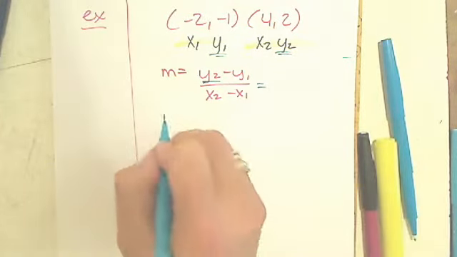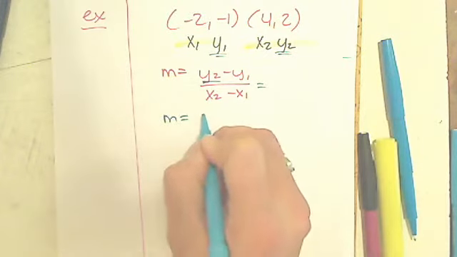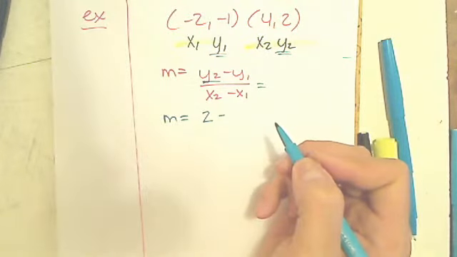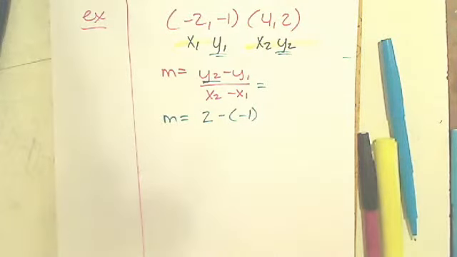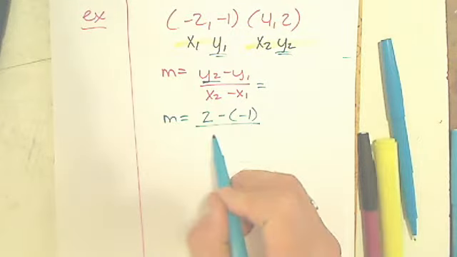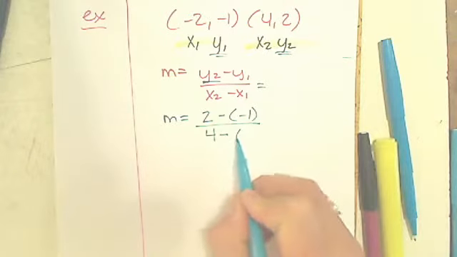So the slope equals y2, 2 minus negative 1. Don't forget your minus sign in the middle. That minus sign does not go away. Divided by 4 minus negative 2.